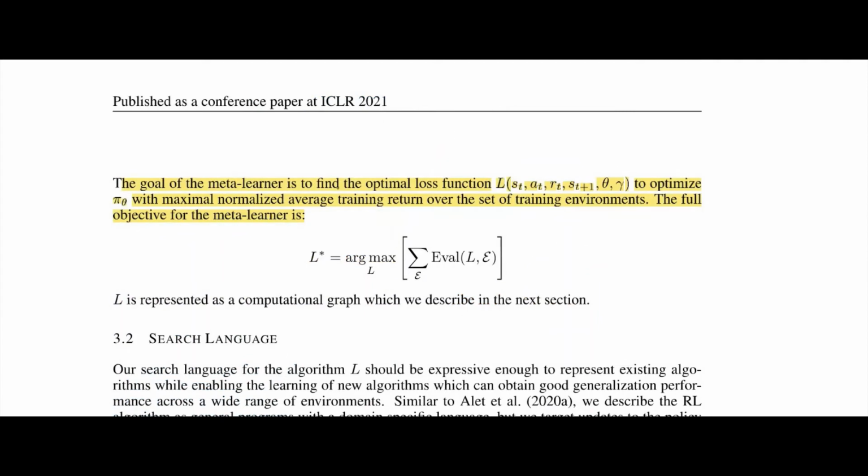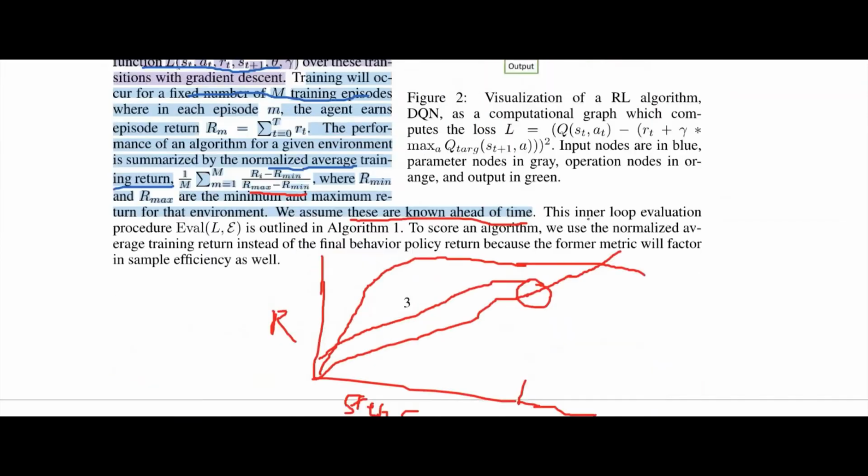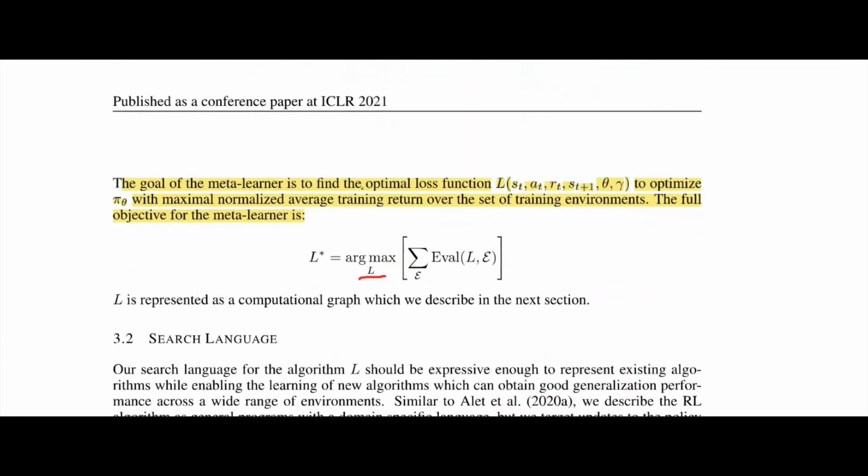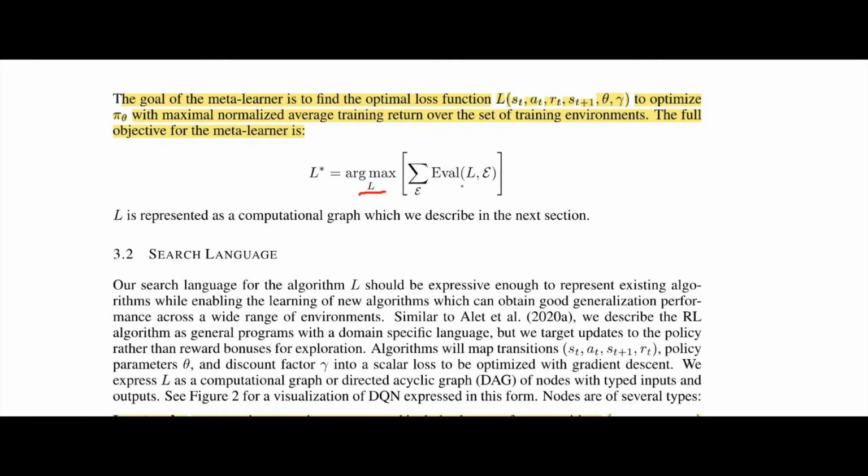And here they state that the goal of the meta learner is to find the optimal loss function to optimize pi theta with the maximum normalized average training return over the set of training environments. So this is the objective of the meta learner: argmax over L, so it has to find the best L, and L is this computation graph which represents the loss function, which maximizes eval(L, epsilon) over all epsilon.